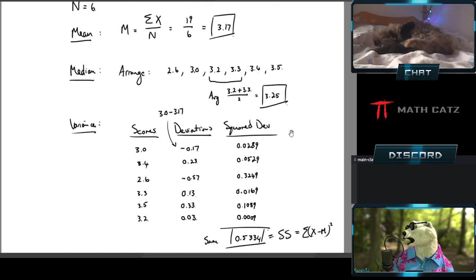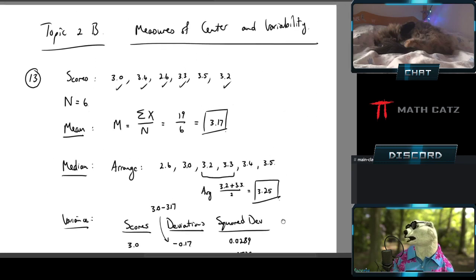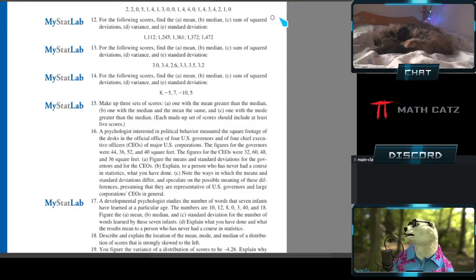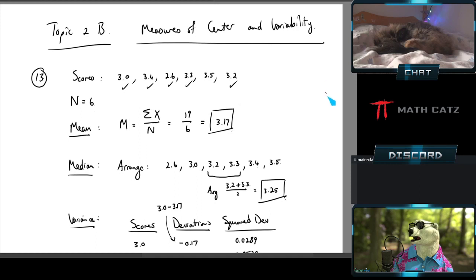And there we go. Those were all the things that we covered in topic 2a, and we have now done one by hand. Next up, I want to do one by hand again, but using a spreadsheet to make my life a little bit better.